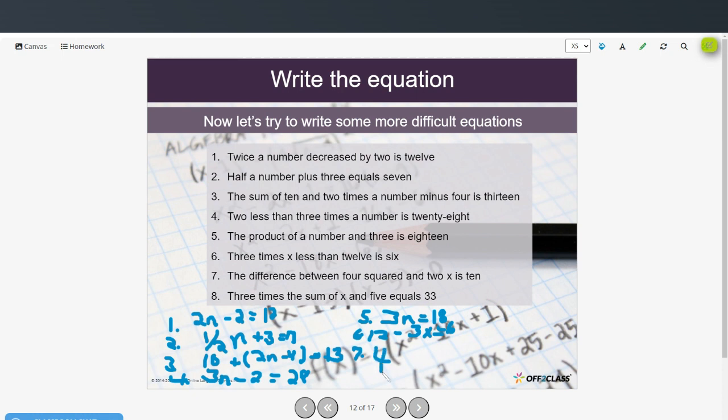So that would be 4 squared minus 2x equals 10. And number 8, 3 times the sum of x and 5 equals 33. So that would be 3, open parentheses, x plus 5, close parentheses, equals 33.